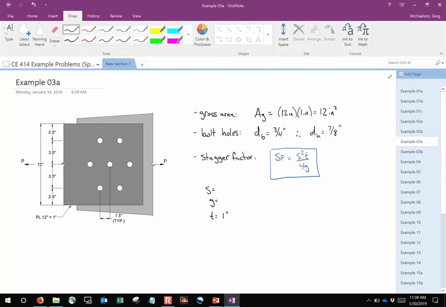What value here on this connection is going to be the stagger, the S value? 1.5. Remember, along the direction of stress, we are yanking on this member this way. So the 1.5 goes that way. That's the S value. So this is 1.5. What about the gauge distance? What's that going to be? 3.5. There we go.